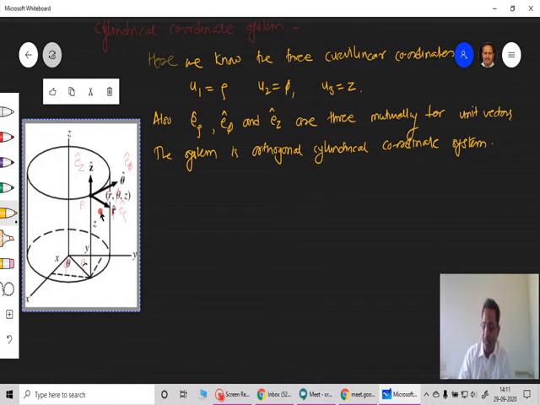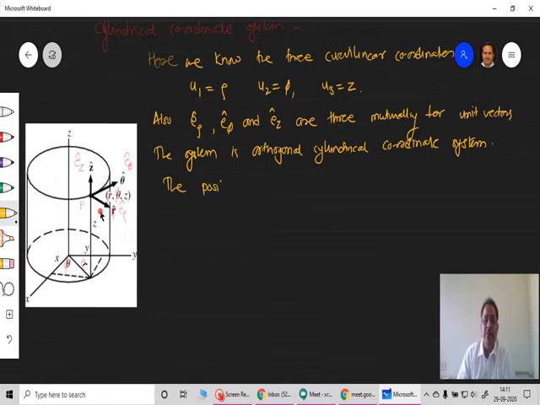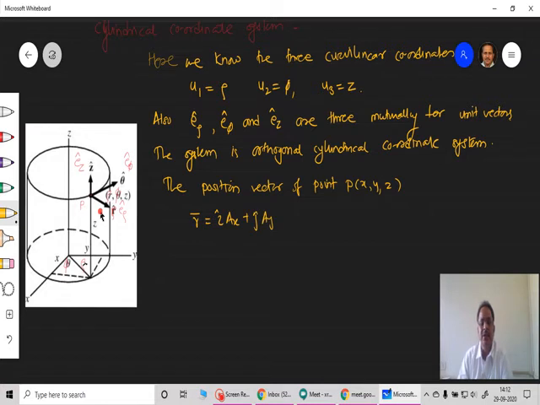Okay. Now, as usual, we have to start with the position vector. The position vector of point P, if it is written in the Cartesian coordinate system, we write this to be vector r bar equal to i cap times x plus j cap times y plus k cap times z.